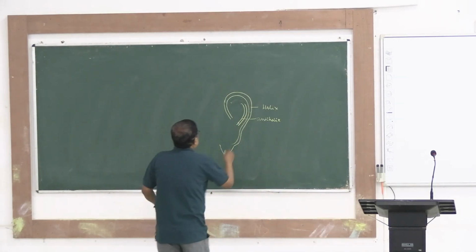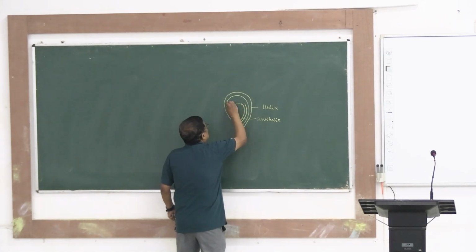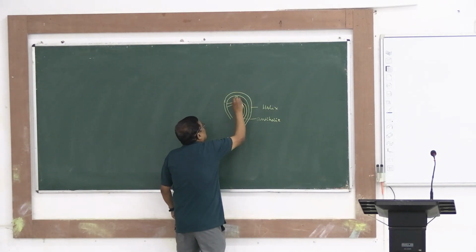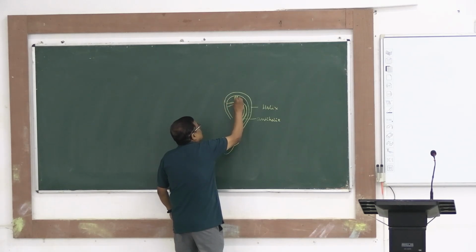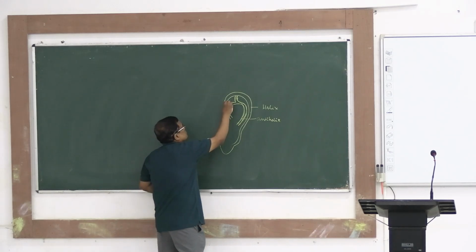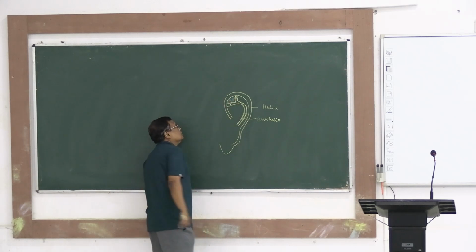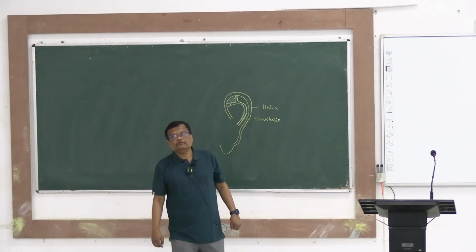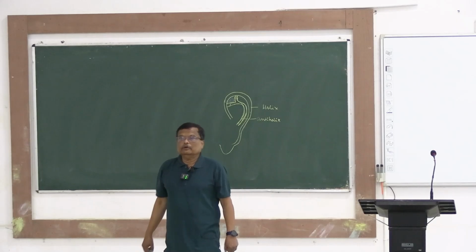Antihelix in the upper part divides into two crura, anterior and posterior crura, enclosing a triangular depressed region, we call triangular fossa.